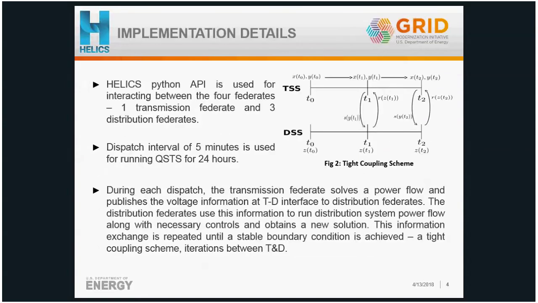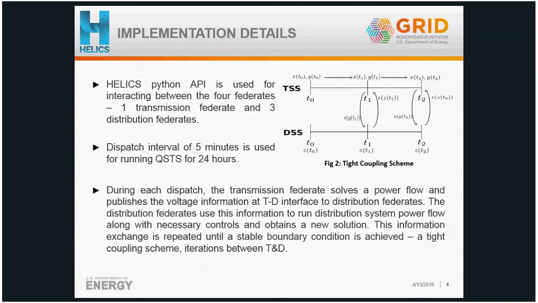So here I'm going to talk a little bit about the interaction protocol that we used. What we do here is we first simulate the transmission system simulator, get the voltages at the load buses, then transfer those voltage information to the feeder that is concerned. For instance, if I'm looking at bus number 5, I would transfer the voltage at bus number 5 to that particular instance of GridLAB-D that is simulating the feeder for that load bus.